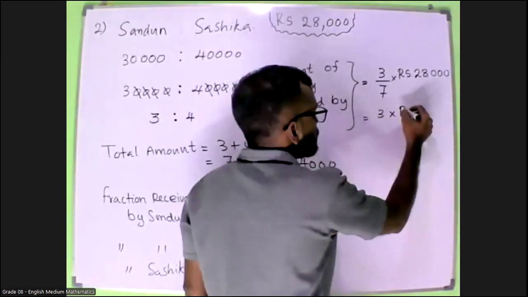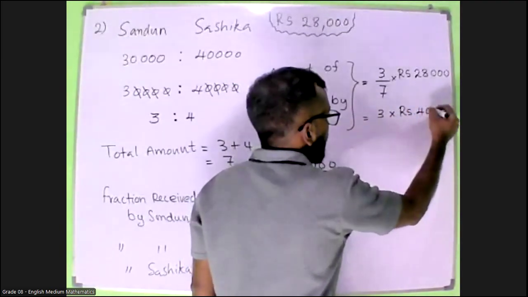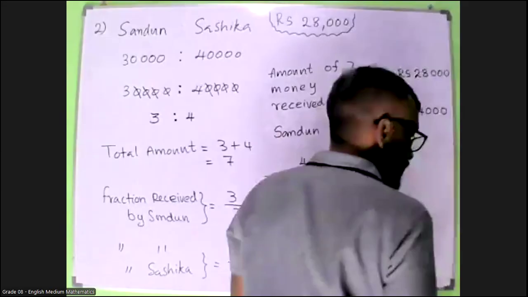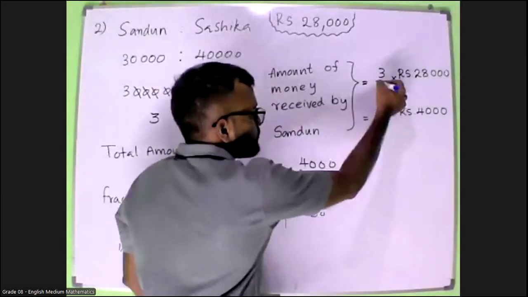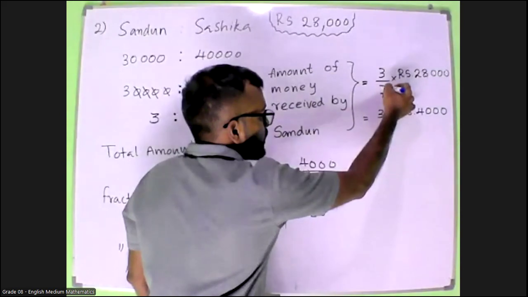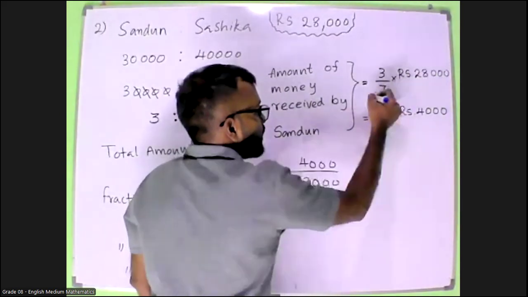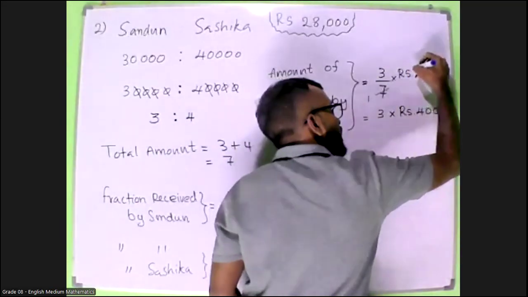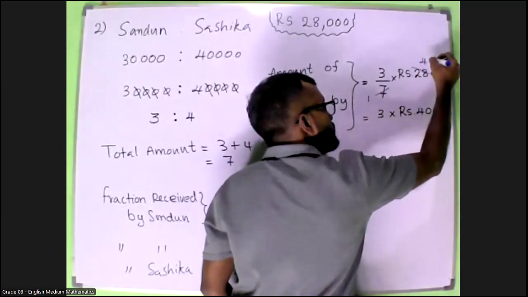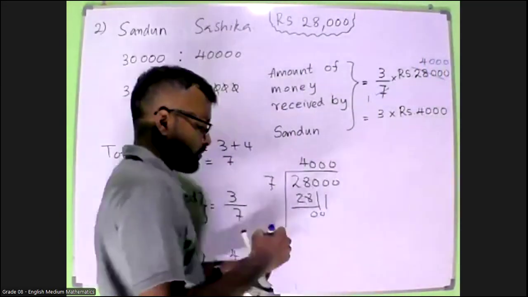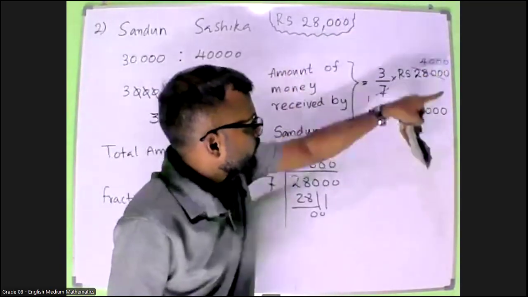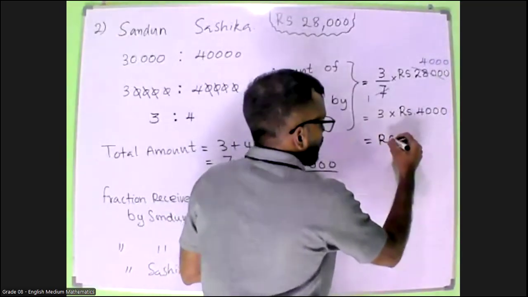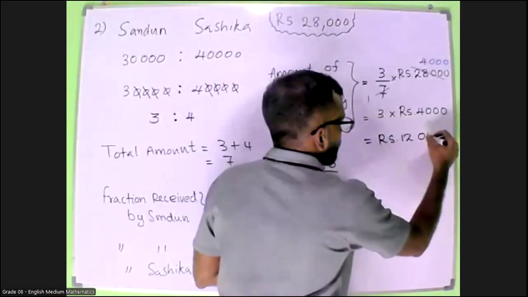So you will get 3 times 4,000. If you want, you can simplify there as well. 7 times 4,000. 3 times 4,000, which will give you 12,000 rupees.